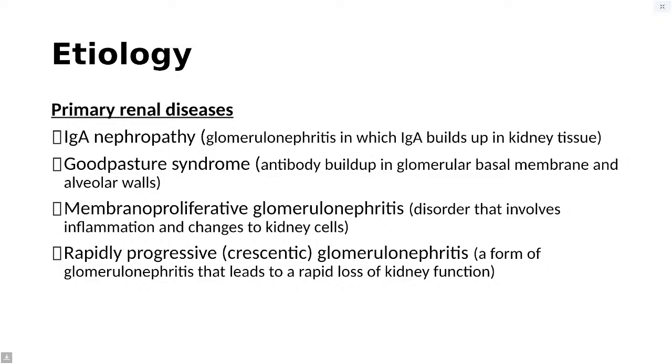The third is membranoproliferative glomerulonephritis. This disorder involves inflammation and changes to kidney cells. And last is rapidly progressive glomerulonephritis. This is a form of glomerulonephritis that leads to a rapid loss of kidney function.